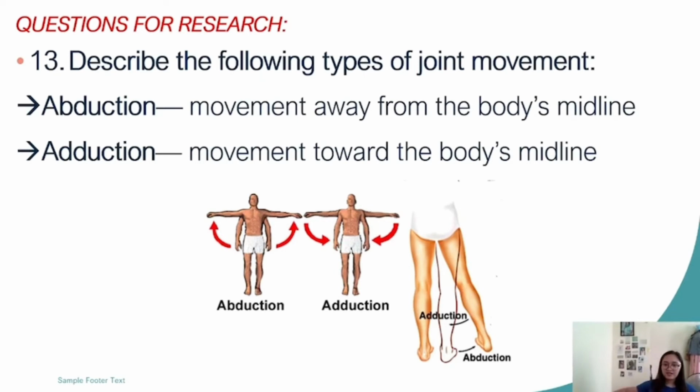Ganyan. Pag ganon, yung adduction naman is pag ganon, pagpunta sa katawan. Ito po, kung makikita nyo sa image, ayan. Ang abduction is palayo sa katawan at yung adduction naman is basically papunta sa movement towards the body's midline.